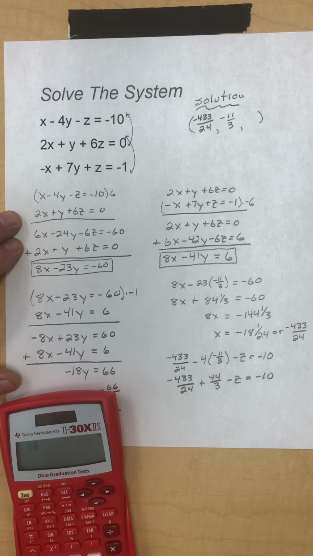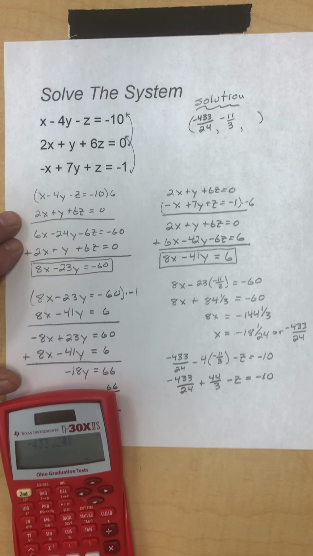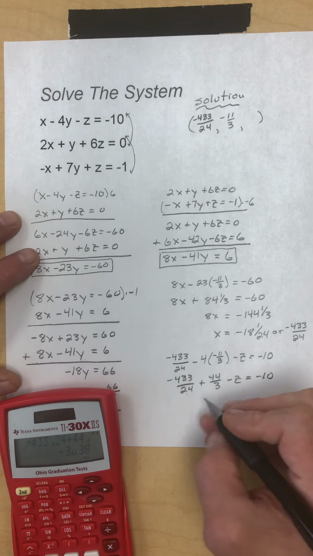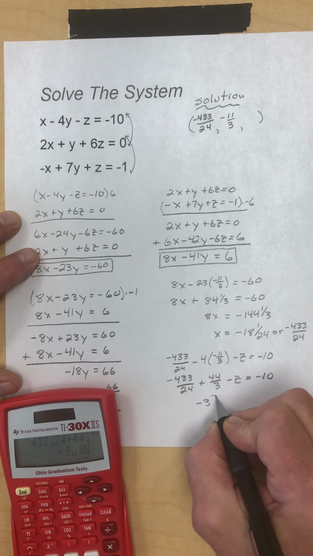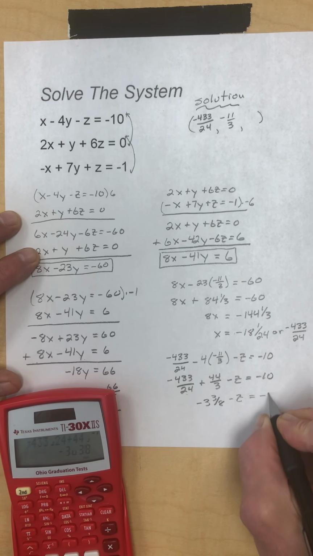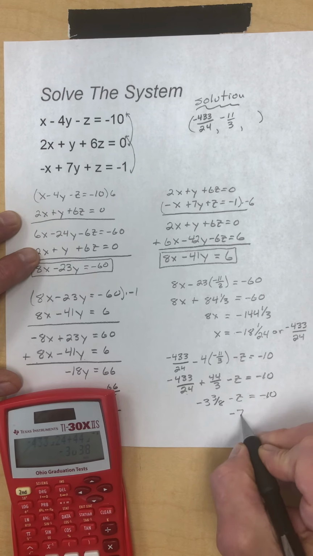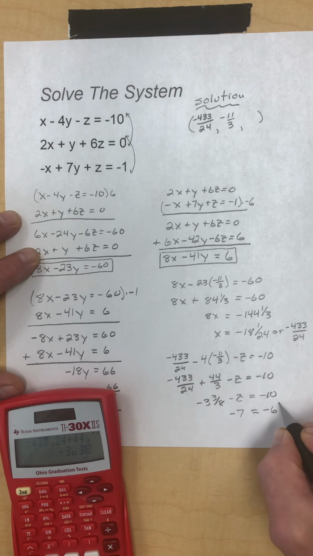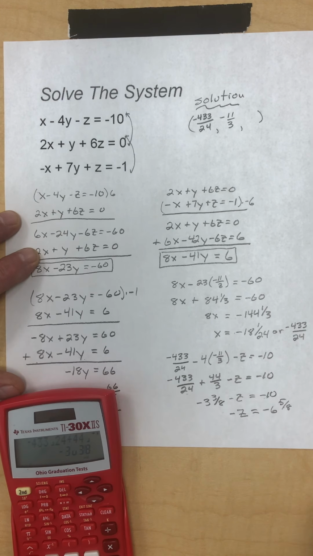So let's see, negative 433 over 24 plus 44 thirds. And I'm going to get a negative 3 3/8 minus z equals negative 10. So I get negative z equals, that would be a negative 6 5/8. That's a z there, right?